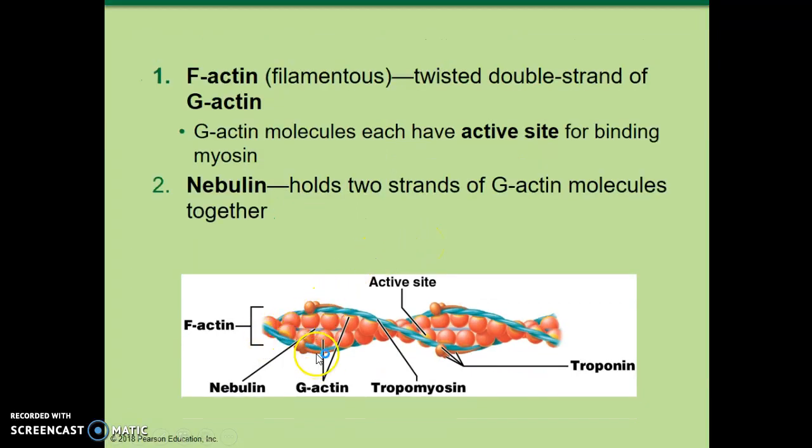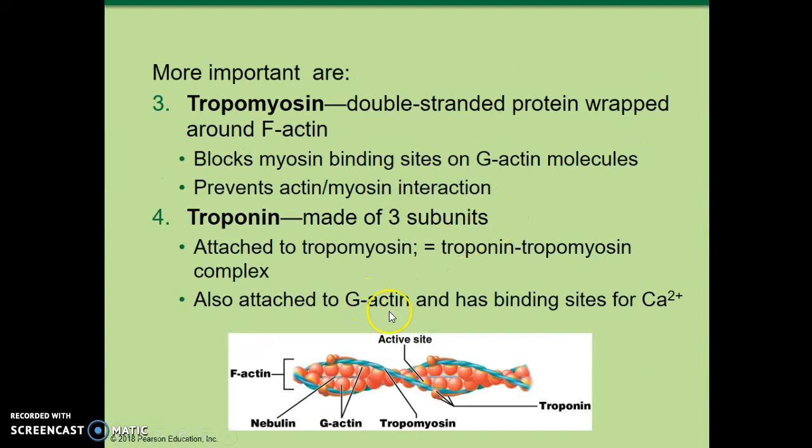So you'll see all these different proteins in here. This whole strand here is the actin. While it looks very thick because of all the protein globs here, it is the actin, the thin actin. So here's the tropomyosin. The tropomyosin kind of wraps around the actin, and what it does is it blocks these binding sites.